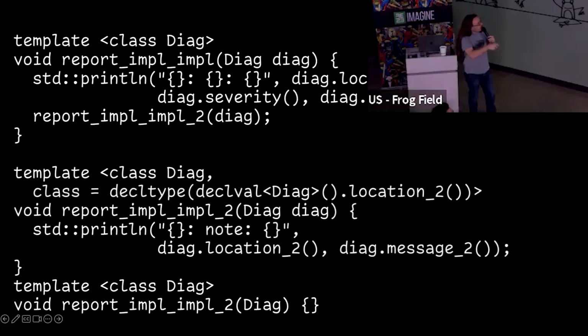But in the case where we do have a location2, it's going to call the first version of report impl2. Actually, it doesn't do that because both of the overloads for report impl2 are valid. Both of them exist if you have a location2. So we need to disable the bottom one.